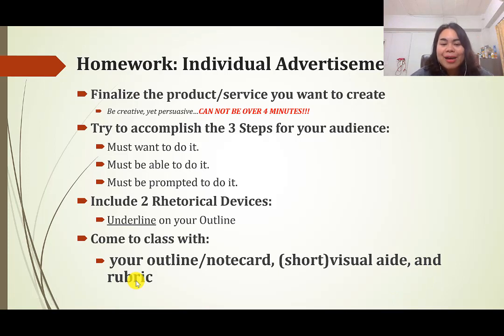Print the rubric out. So for week 12, like I said, I've already extended the assessment period for the individual advertisement. For week 12 and 13, okay? Half the class, your choice, okay? So go to that Google Sheet that I shared with you, that we've always used to check your time slot and group names, right? Click the tab individual advertisement and you will see a blank Google Sheet.